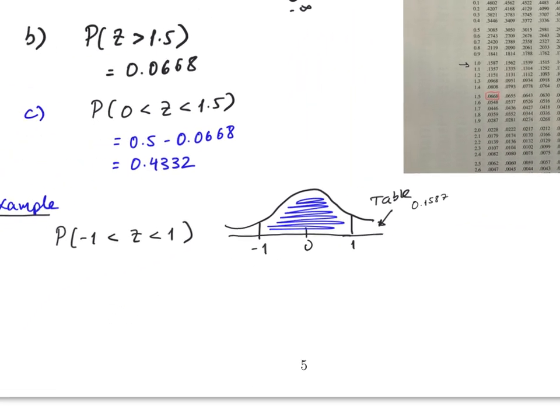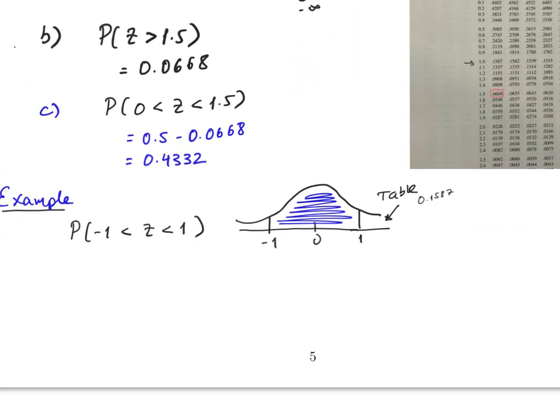Okay. So now there are several ways in which you can figure this out. In this case, notice that this is symmetrical, so you can find this and multiply by 2. So this is twice the probability that z is between 0 and 1, which is the kind of problem that we did here.